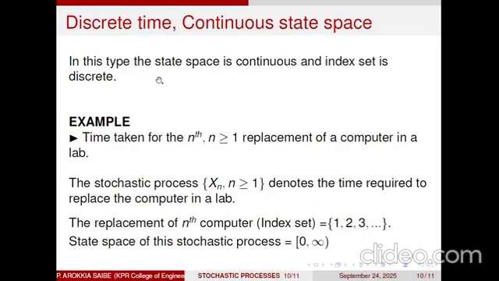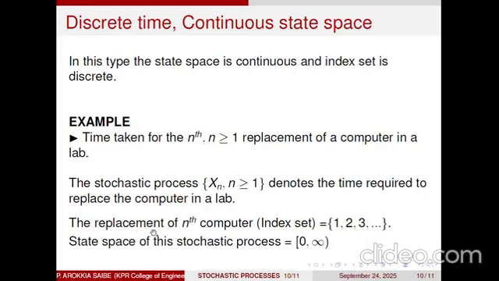And this is the last type. Here the type is discrete time with continuous state space. Now let us have an example: the time taken for the nth replacement of a computer in a lab. So the stochastic process mentioned in this problem is Xn, which denotes the time required to replace the computer in a lab.